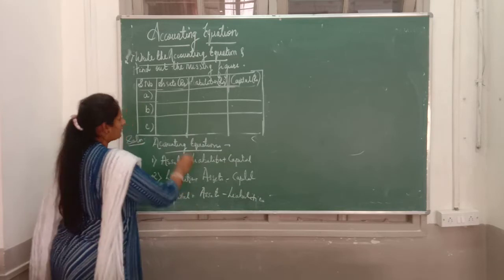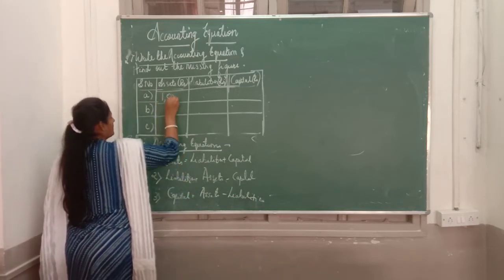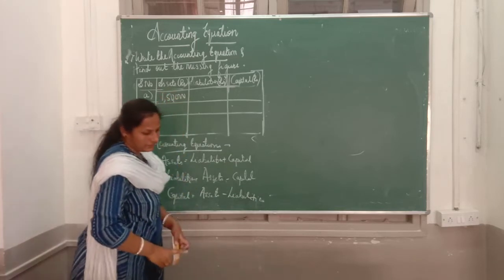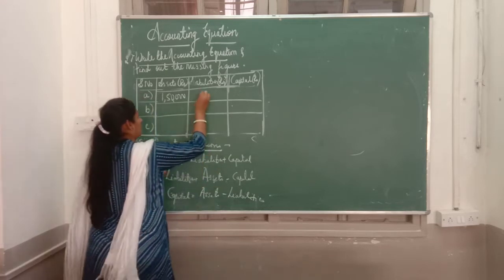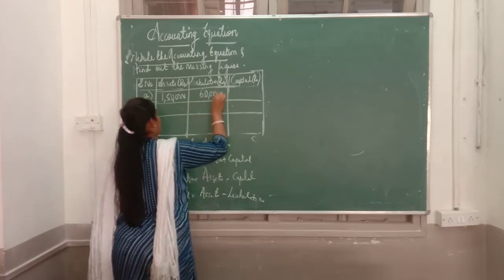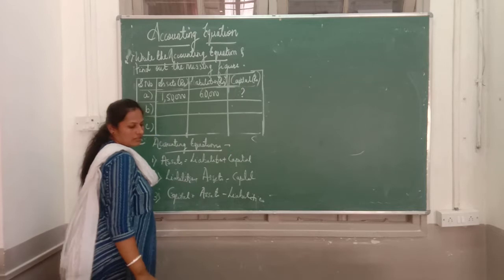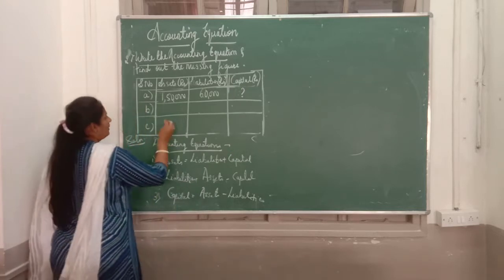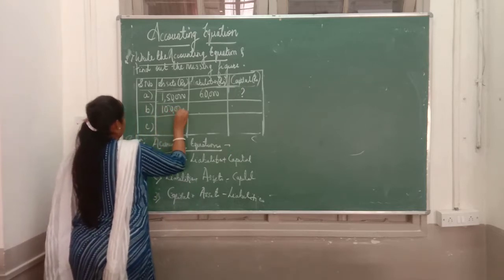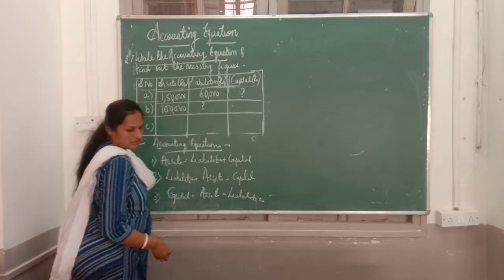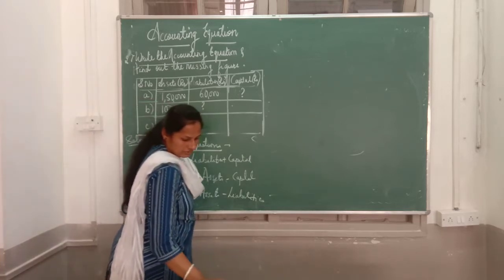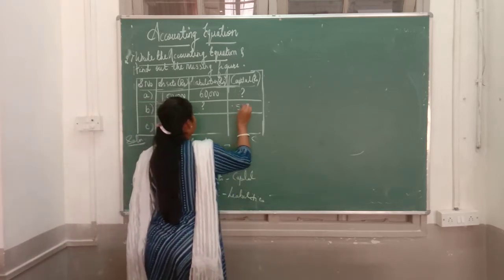Here in first they have given 1,50,000 assets, liabilities 60,000 given, and here question mark. Okay, next here 1 lakh, question mark, 55,000.